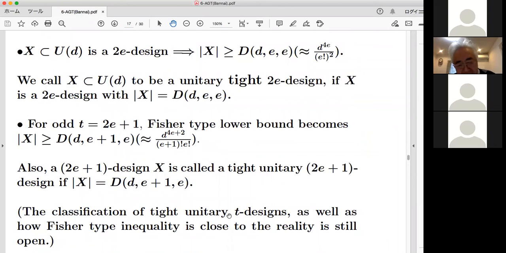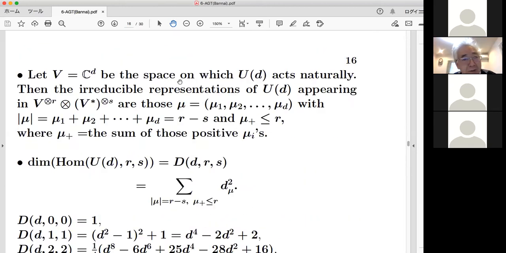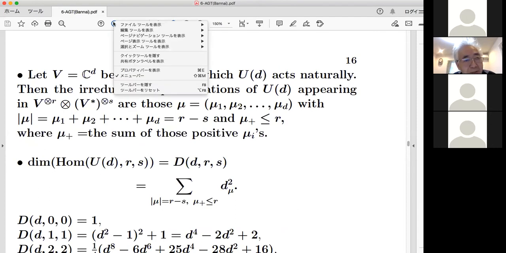Namely, it's not clear whether there exists any example at all or not. And also how close the Fisher type inequality is to reality, how far the real bound is from the Fisher type lower bound, is still a completely open problem now. Okay.